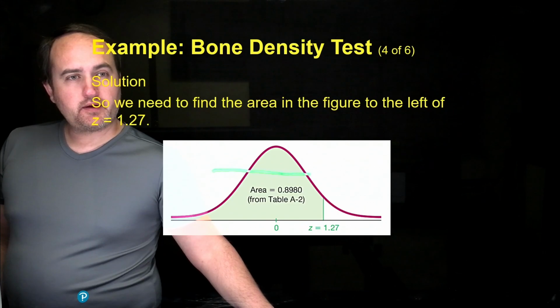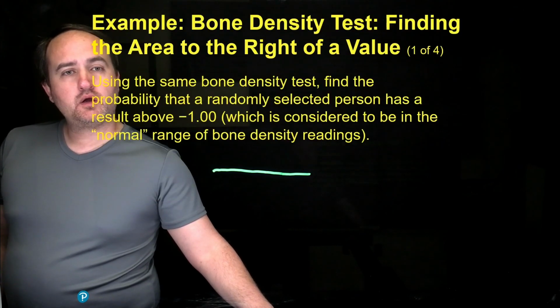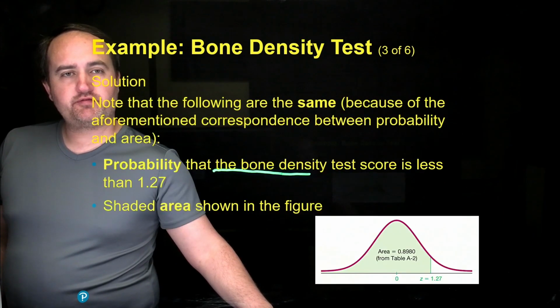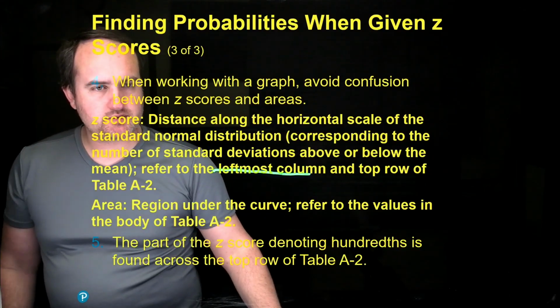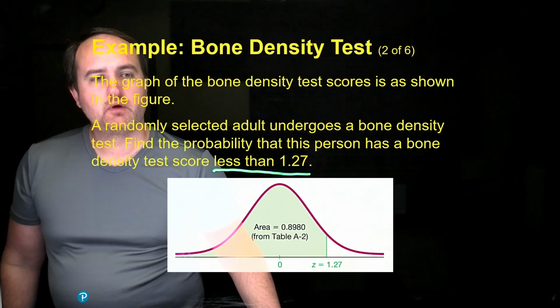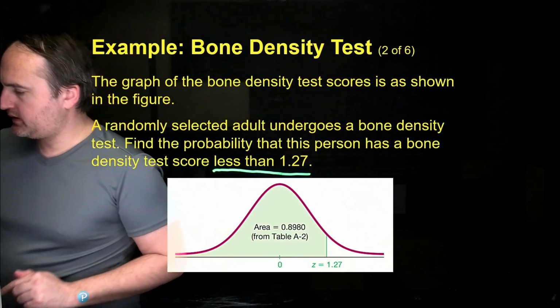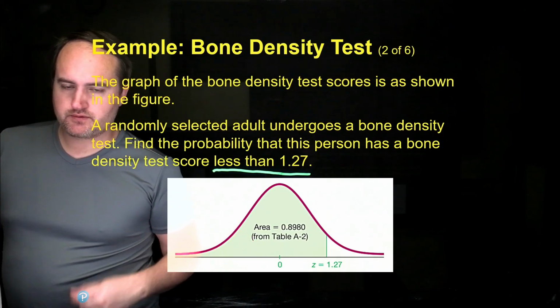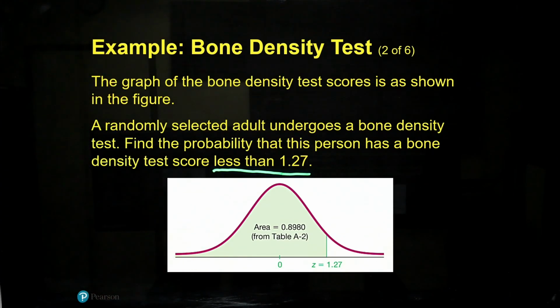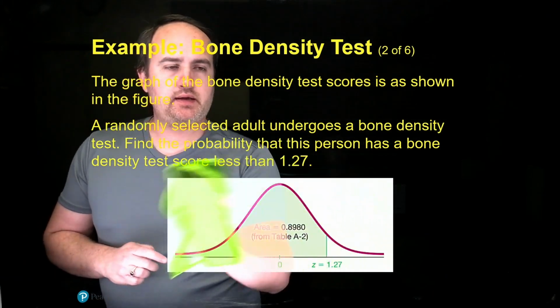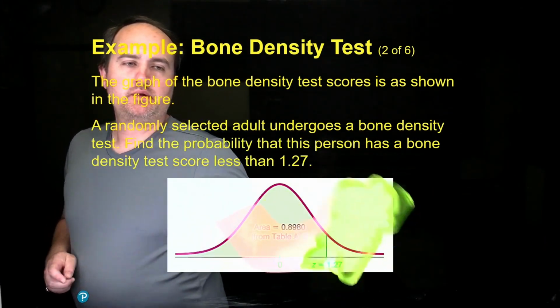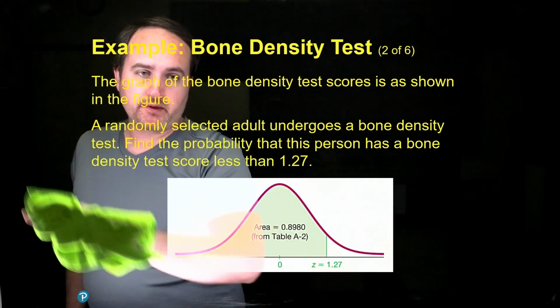For a bit of fun, I'm going to open up table A2. Let me go back to where we were. It's helpful to just look at table A2. We can see that this area to the left is what we're trying to look up.